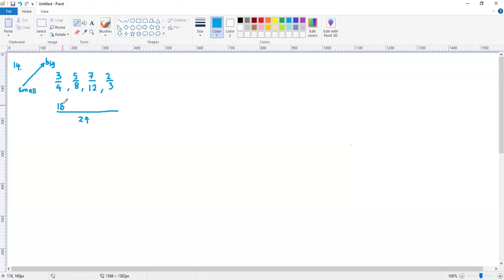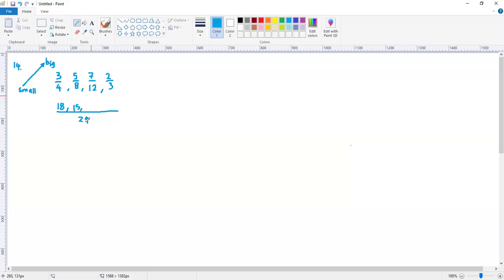18. Okay. You put your comma there. Remember, we're not adding, we're not subtracting. We're just trying to find which one is the smallest and which one is the biggest. 8 into 24 will be how many times? 3. 3 times 5 will give us 15.